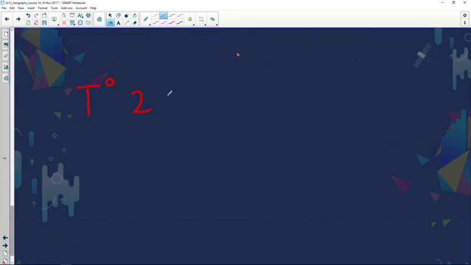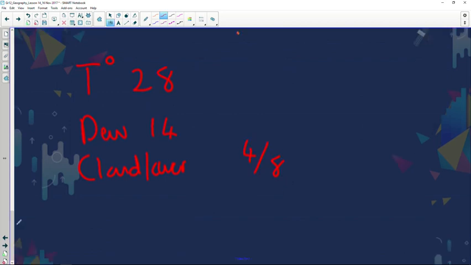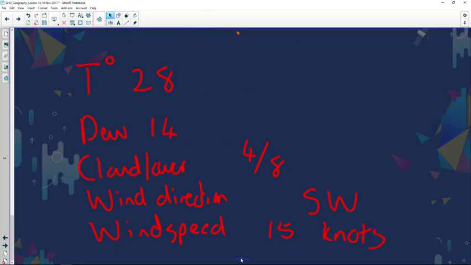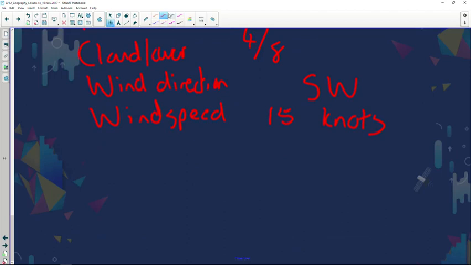Temperature of 28 degrees, dew point temperature of 14 degrees, cloud cover of, let's say, 4/8, wind direction is let's say southwest, and wind speed is 15 knots, and let's say precipitation is thunderstorms.